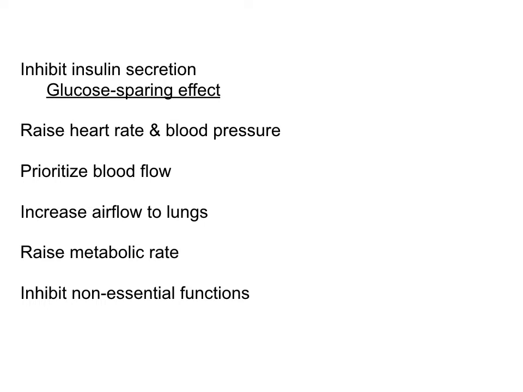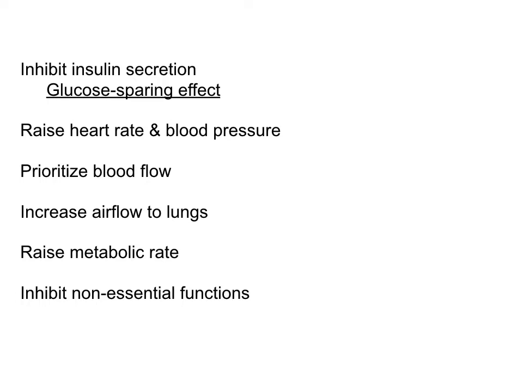Now, these hormones also inhibit insulin secretion by the pancreas. Now, insulin is needed for the cells of your body to absorb glucose from your blood. So if you inhibit insulin secretion, your body's cells can't absorb glucose from the blood as well, which is going to leave all of that glucose in your blood for your brain to use because your brain is not insulin dependent.